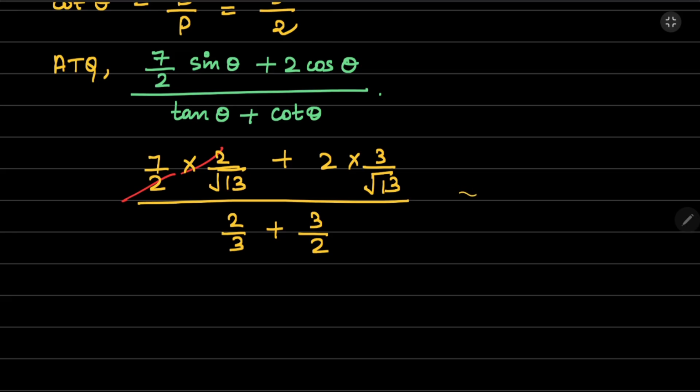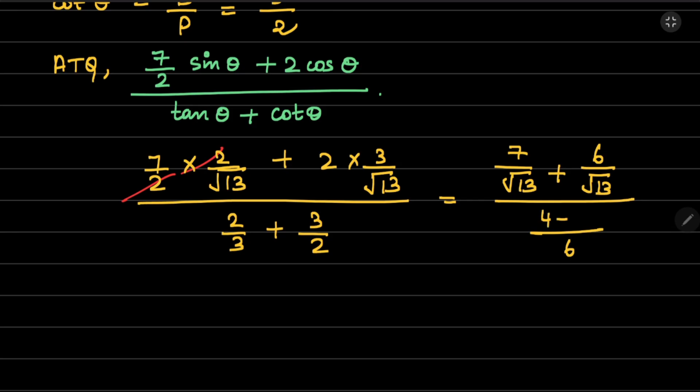Take the LCM. What remains is 7 by root 13 plus 6 by root 13, divided by, taking the LCM in the denominator, 6. Again 4 plus 3 3s are 9. In the numerator, 7 plus 6 is 13 by root 13, the whole divided by 9 plus 4, which is again 13 by 6.